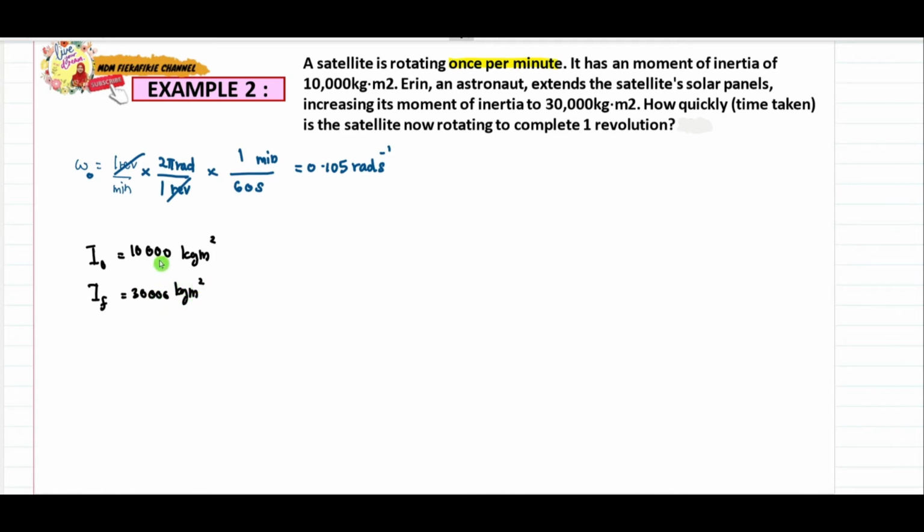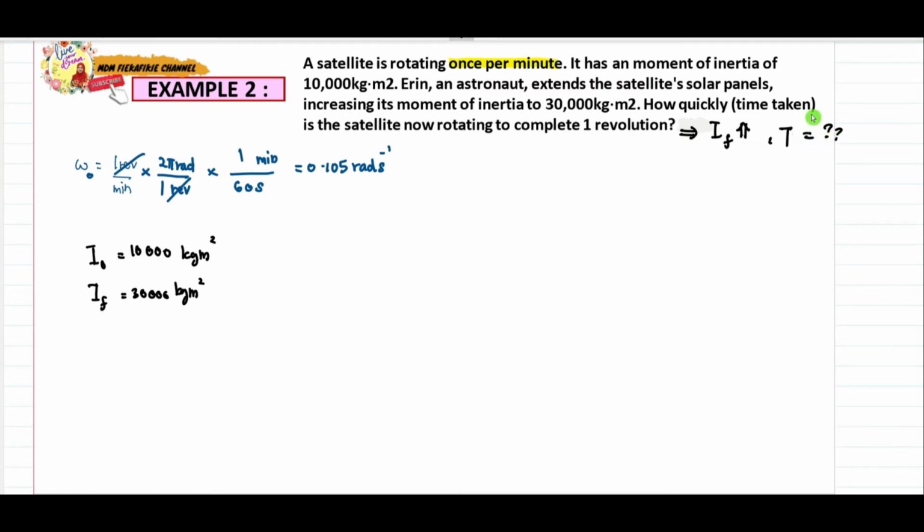Okay, so how quickly, time taken, so dia suruh kira time dekat sini. How quickly is the satellite now rotating to complete one revolution? Okay, after the moment of inertia is increasing, what happened to the period, which is the time taken to complete one revolution?